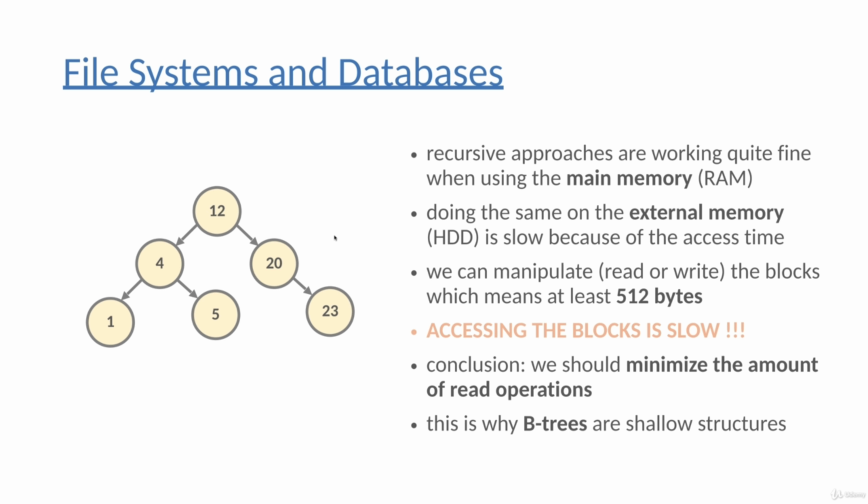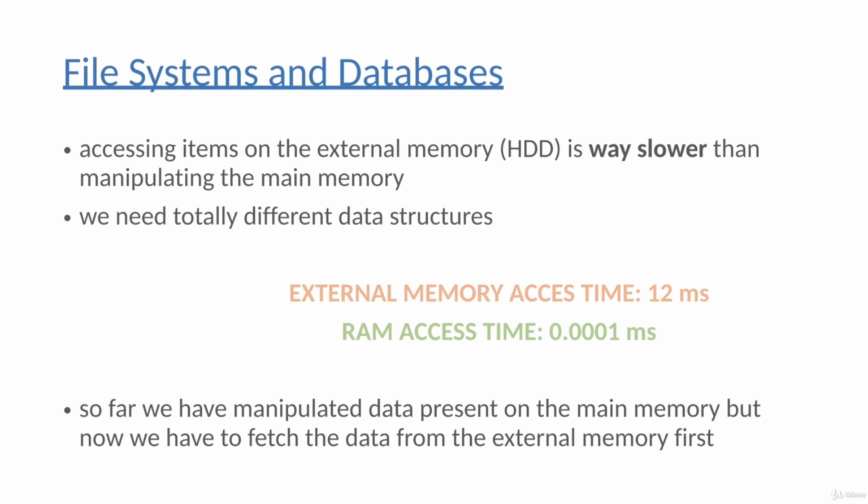Okay, so what is the final conclusion? The recursive approaches that have been working fine when dealing with data structures in the main memory are not going to work fine when dealing with data present on the external memory. When we are dealing with external memory, we have to take the access time into consideration, because this is exactly what we have been talking about. The access time as far as external memory is concerned is way larger than the access time of the internal memory.